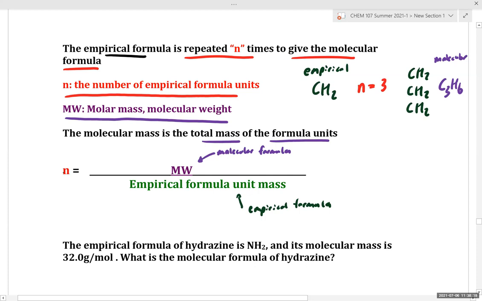This is really important because once we have the number of empirical formula units, we can take our empirical formula and convert it to a molecular formula.